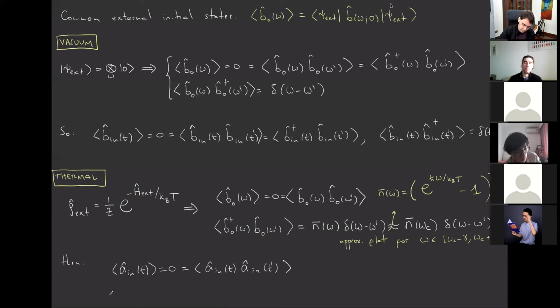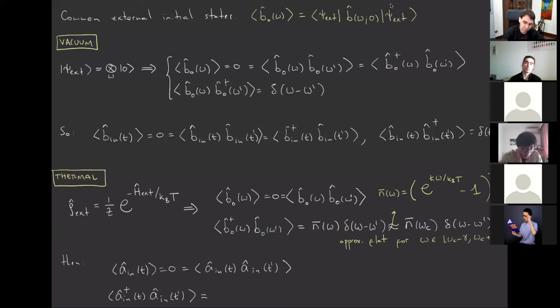But now, if I want to evaluate the A dagger A for the input operator, in principle, if I had an n depending on omega, I would get a Fourier transform of this n of omega.